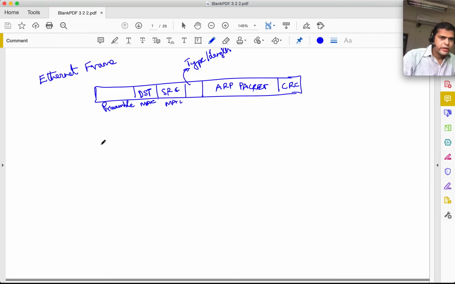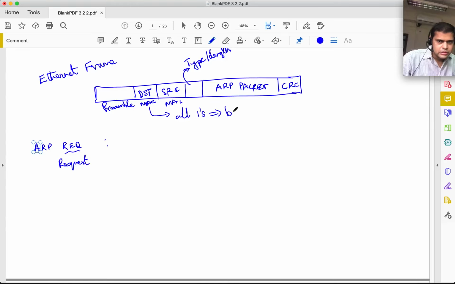Okay, so let's see what this ARP request contains. Okay, so what are we going to send here? So the destination MAC is going to be all ones, and this means broadcast at the MAC layer.